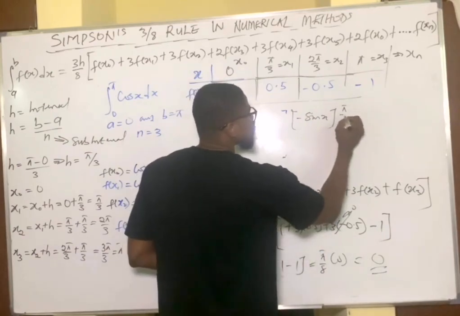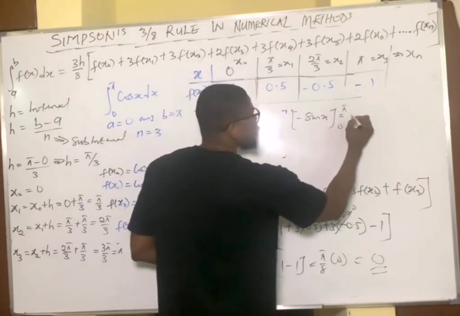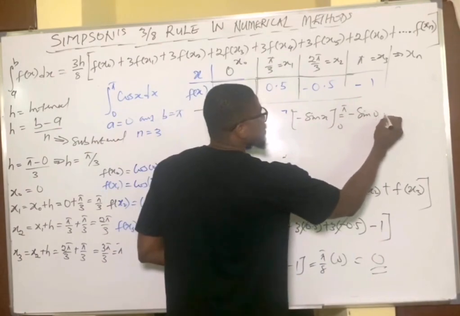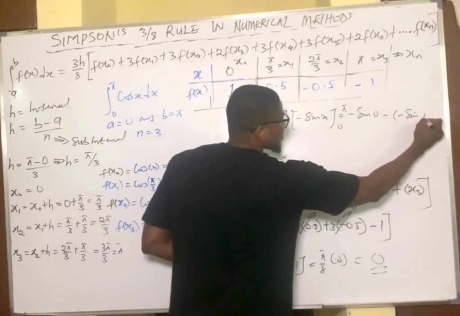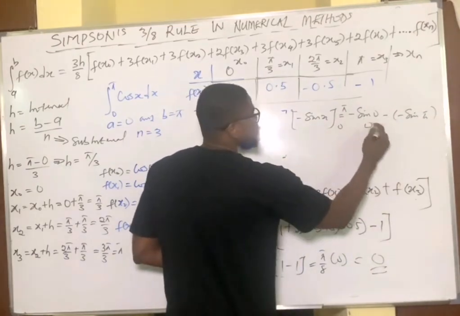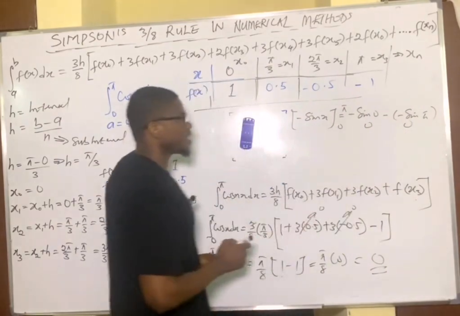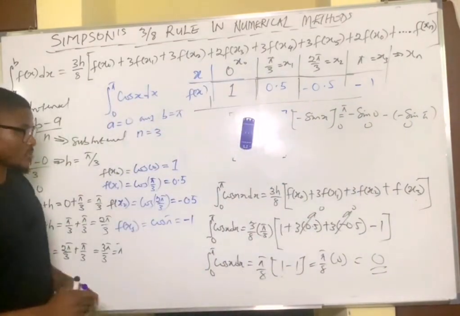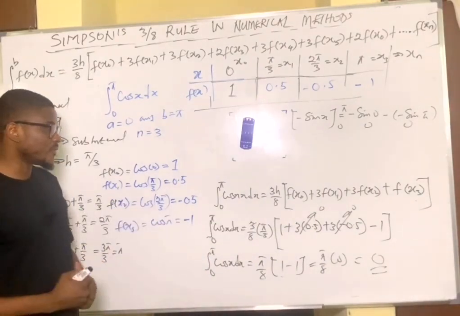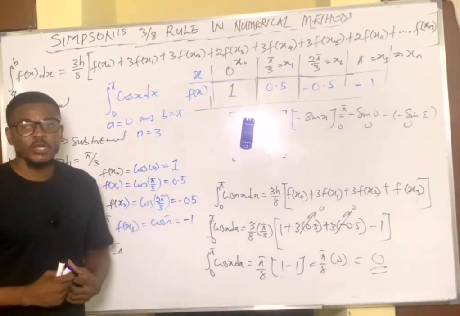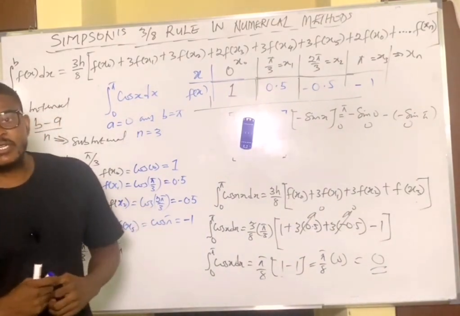So this is actually going to be, plug in the lower limit, negative sine 0, minus plug in the upper limit, negative sine pi. And of course, sine 0 is 0, sine pi is also 0, and then the value is simply going to be 0. So that is the approximate value of that integration using Simpson's 3 all over 8 rule.